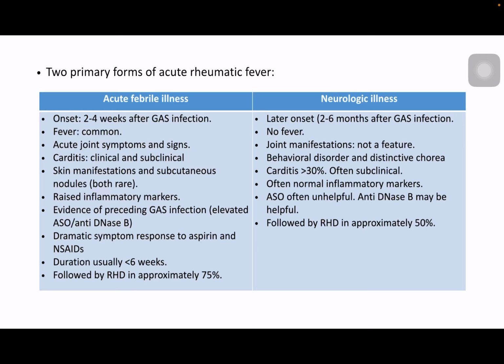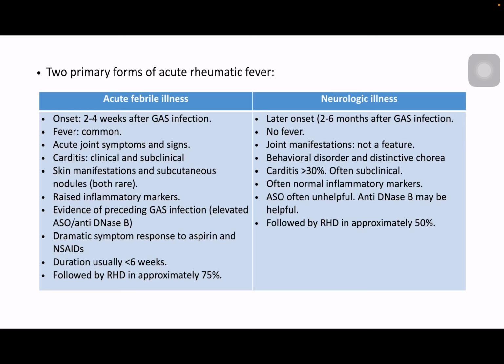But with neurological manifestation, remember the synonym chorea, it's highly associated with subcutaneous nodules as well as erythema marginatum. This erythema is not seen on the face; the face is spared. You will not see anything on the face, but you will appreciate nodules on the extensor aspect, and there will be behavioral disorders.